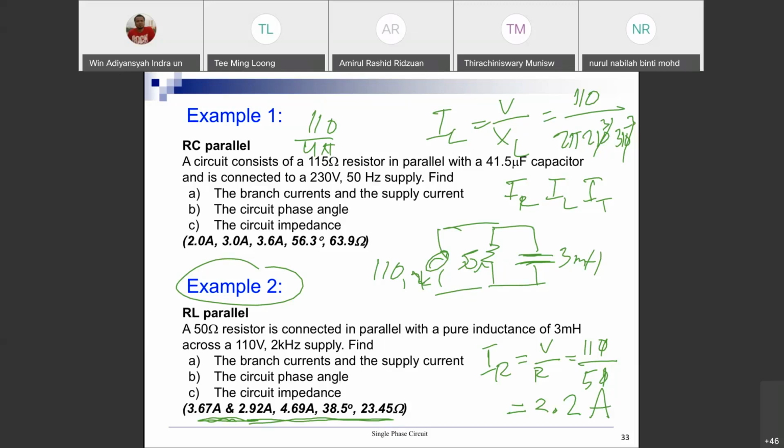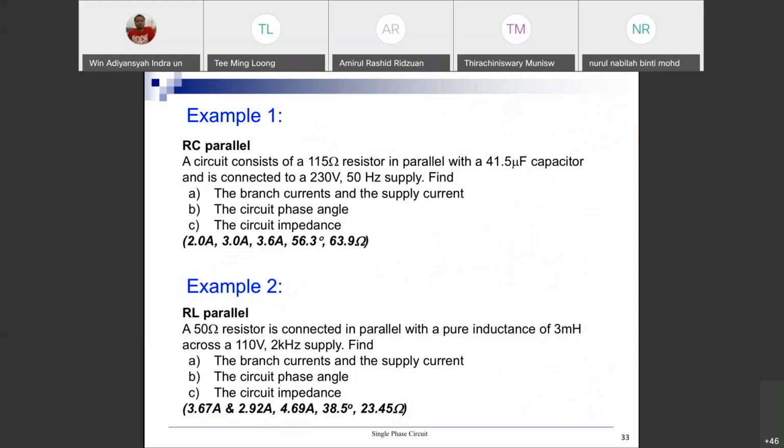Okay, so that will be for IL. 2.2, correct. So 2.2.